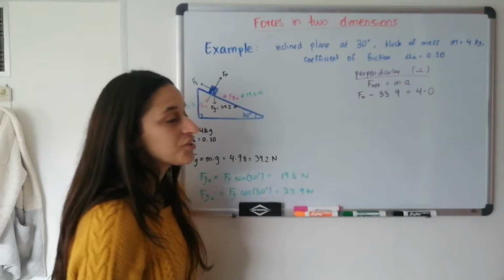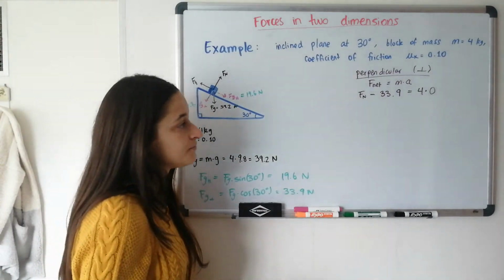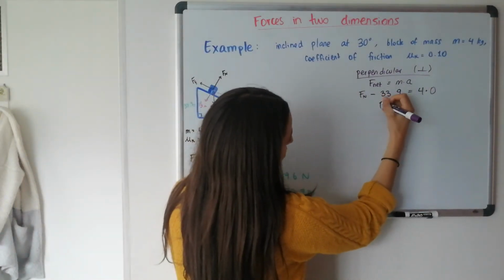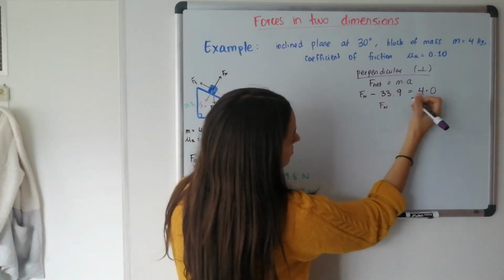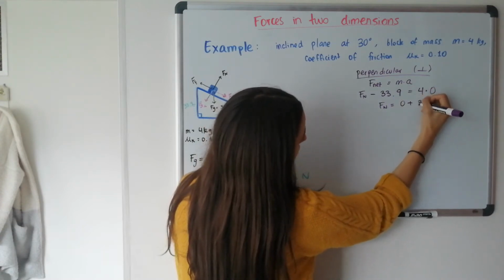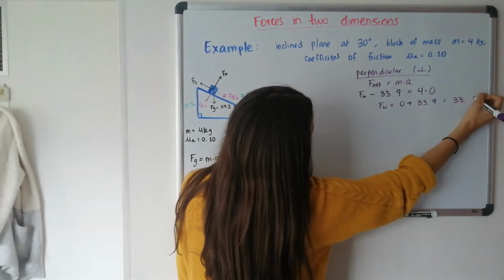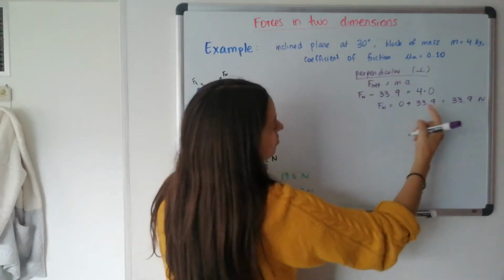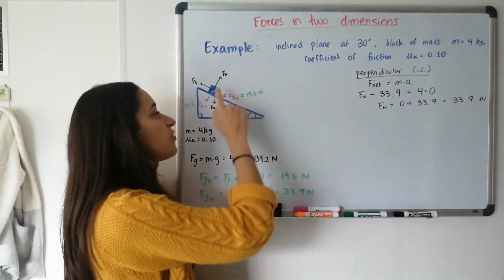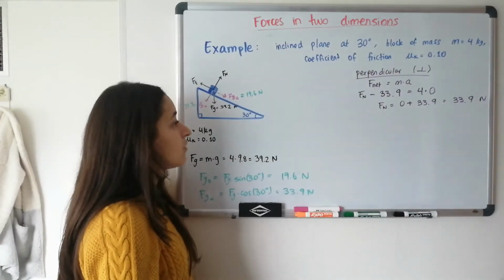So again, just like the previous problem, we can solve for the normal force with this information. So what we do is pass this to add to the other side. This is a 0, so we get that normal force is 0 plus 33.9, which is just 33.9. So this is actually a result that you can remember, that the normal force will always be equal to the perpendicular component of weight.